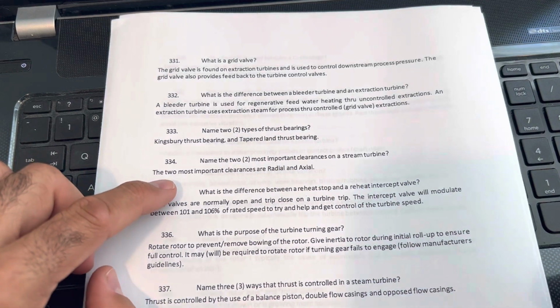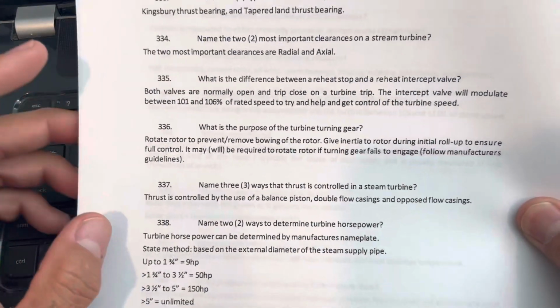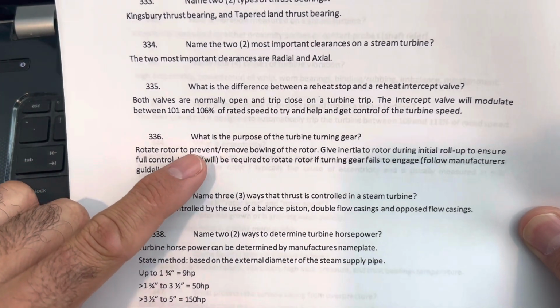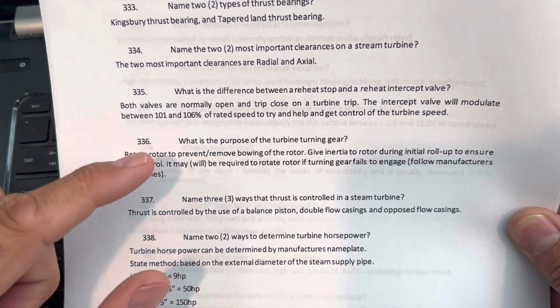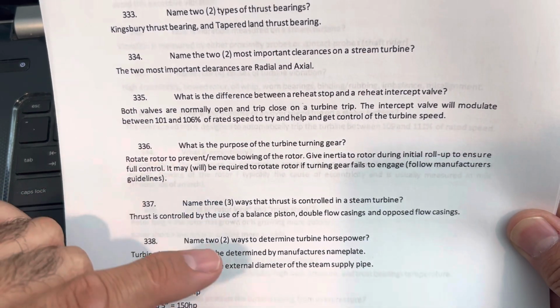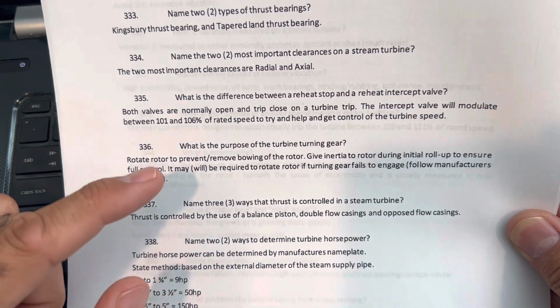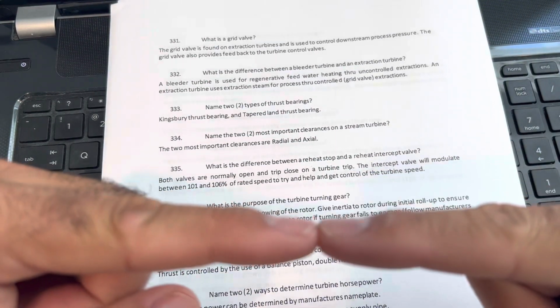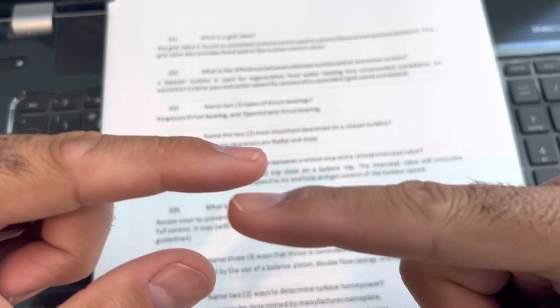Another important one here is what's the purpose of the turbine turning gear. So the turning gear will keep the rotor turning, okay? If it stops, the rotor stops.